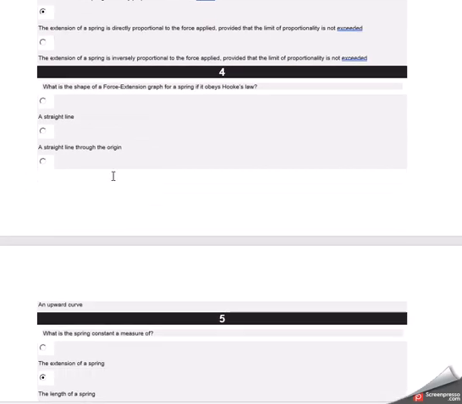Next question. What is the shape of the force extension graph for the spring if it obeys Hooke's law? If I draw a picture, force versus extension, force on the top, extension on the bottom.